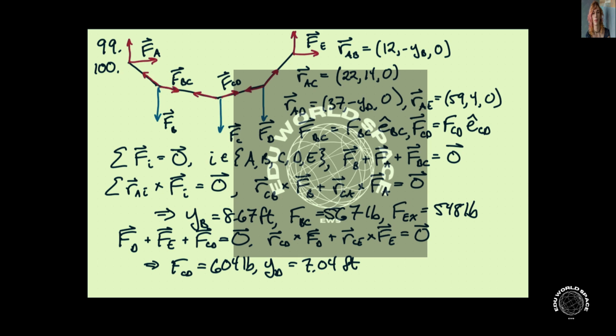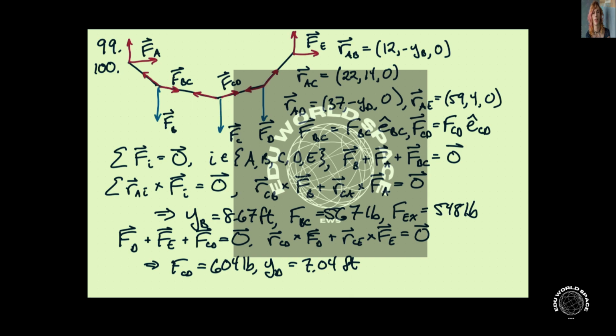Now for problem 100, we actually have the exact same analysis, but we'll just have different unknowns. For problem 100, we have that YB is 8 feet here. And we're asked to figure out what P1 is, which in my figure is FC. And we also want to figure out what this sag is.